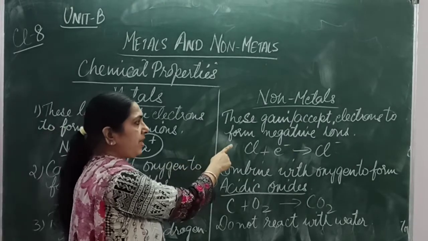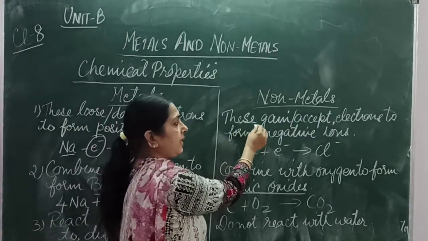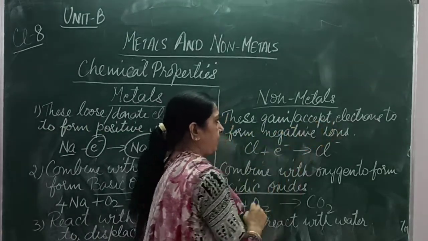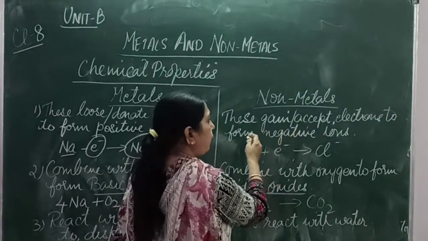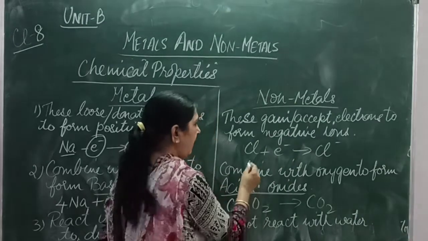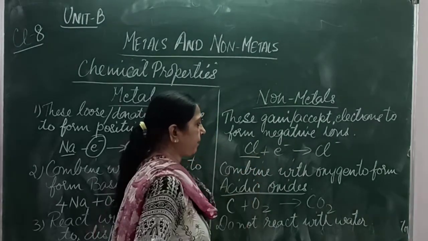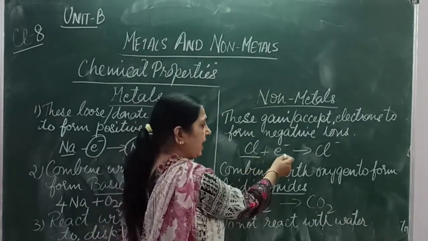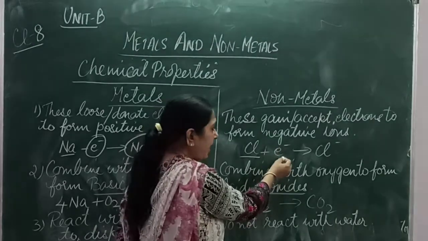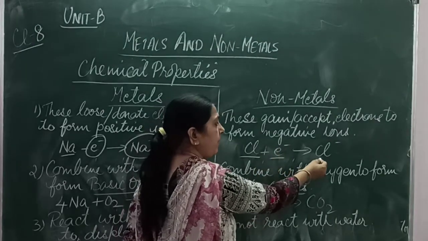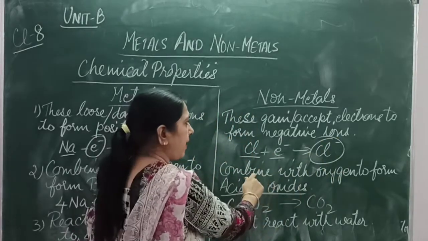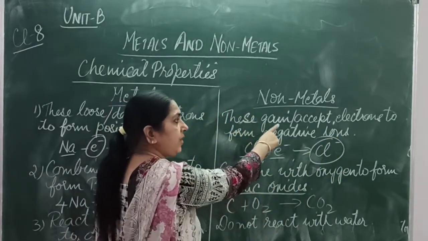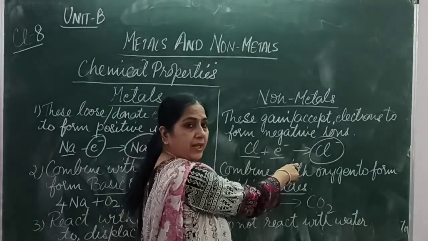Now the non-metals gain or accept electrons. They take electrons to form a negative ion. Like we have chlorine. It will gain, it will accept one electron to form a chlorine negative ion to stabilize itself. So non-metals gain or accept electrons to form negative ions.